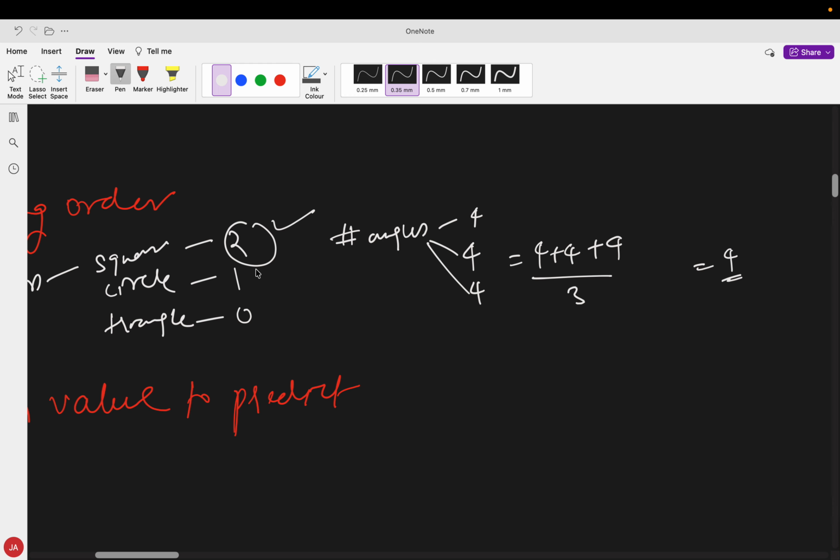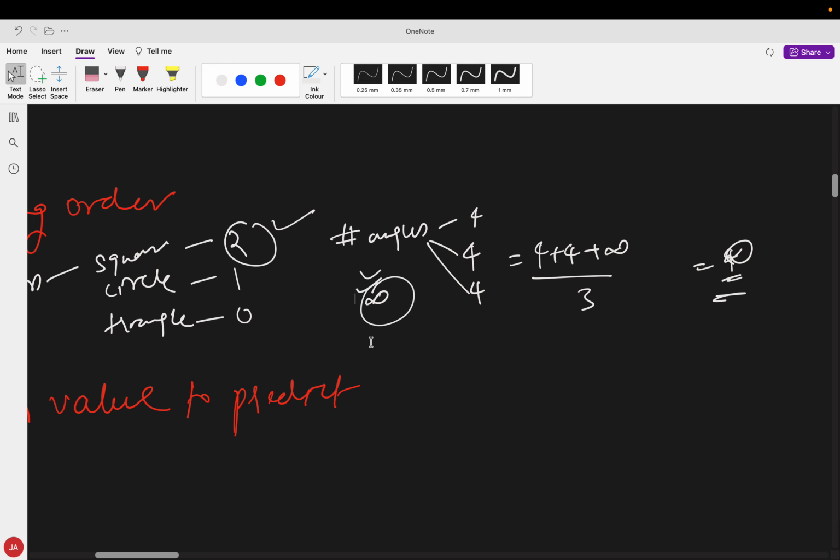Let's say we have 2 squares and 1 circle, right? For the circle I'll take infinity. It will screw up my example, because the mean would be infinity then. Here infinity is just a toy example.